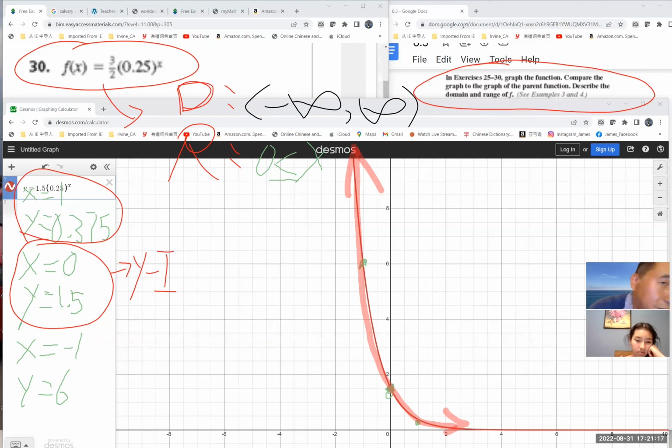You cannot find a value which cannot be the x's value. That means x can take any value. Then how about the range? You think the range is greater than or equal to 0?